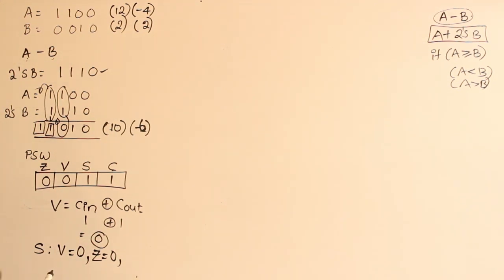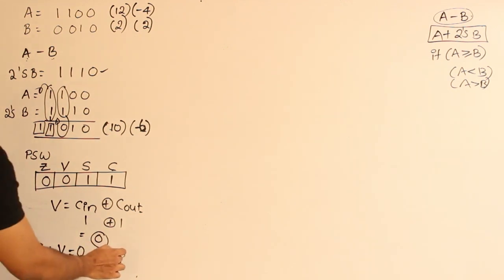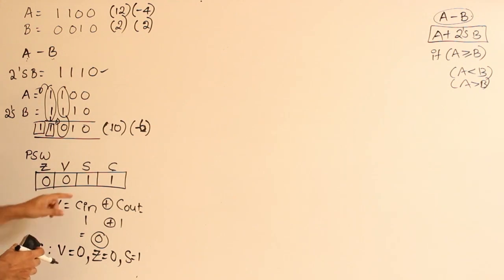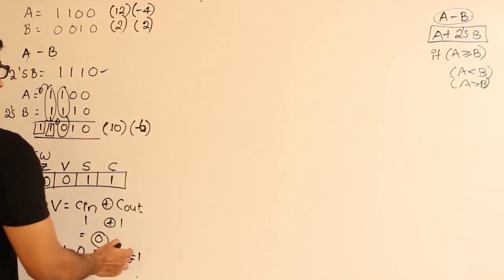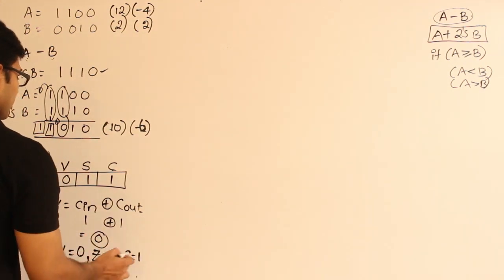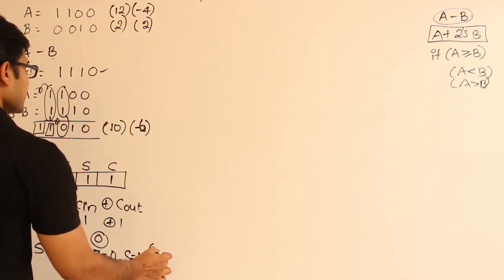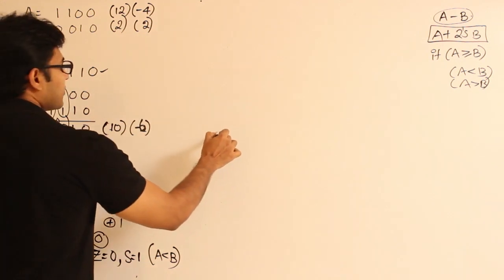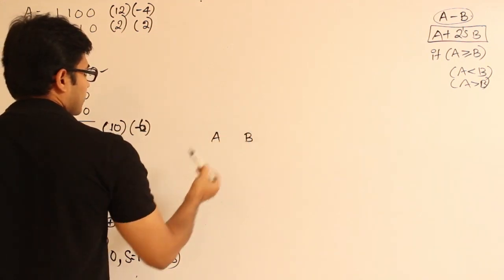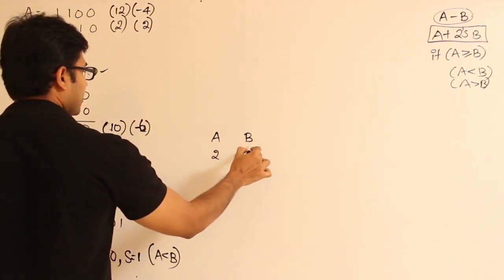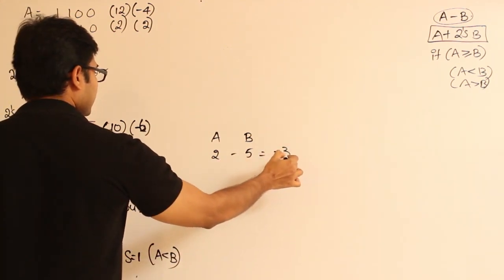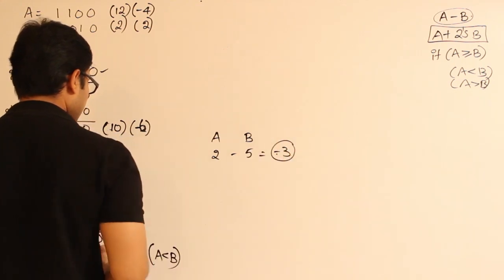That depends on the sign of the result, right? If the sign of the result is negative, and in this case the sign of the result is negative, why? Because it is 1. The sign of the result is negative, therefore we can say that from these 3 we can derive that a is less than b. If you have numbers a and b, if a is 2 and b is 5, and I perform a minus b, you get minus 3, which means the sign of the result is negative.